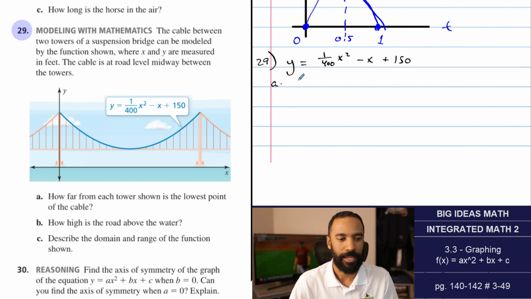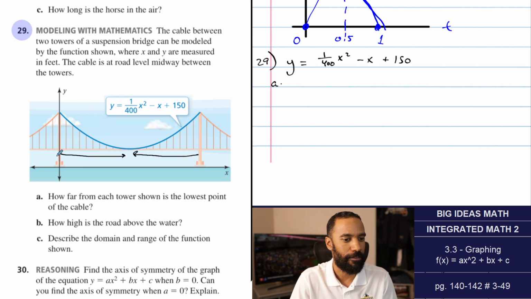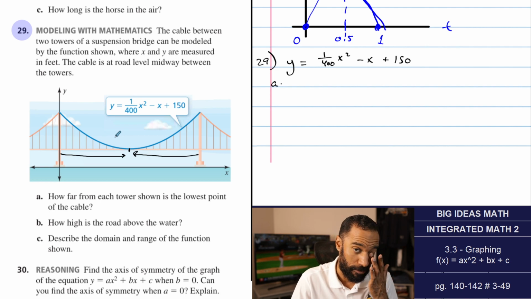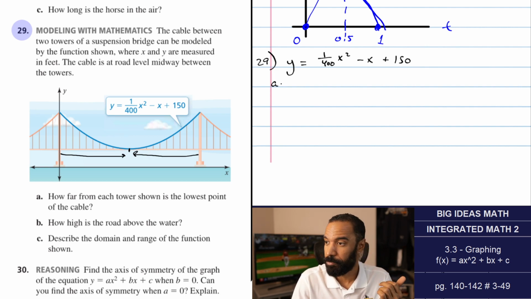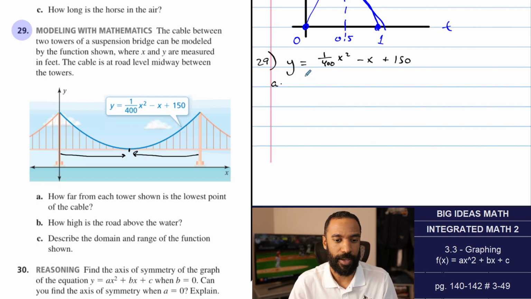Okay, part A. How far from each tower shown is the lowest point of the cable? So how far this way, how far that way? It's more so how far this way, because from the y-axis, how far out do we reach the midpoint, excuse me, the vertex, I should say, of this parabola? That's what we're looking for. So let's go ahead and find the x value of the vertex.